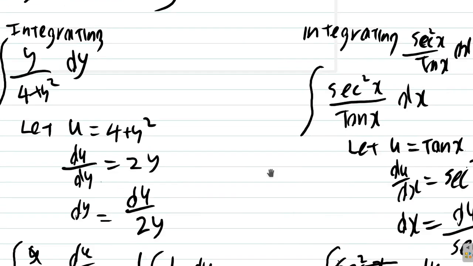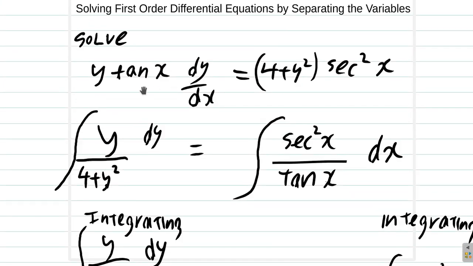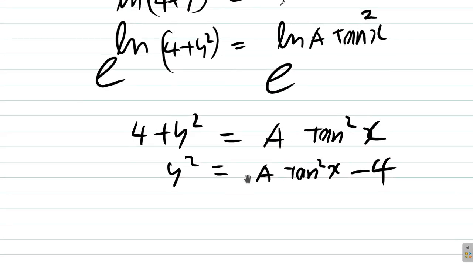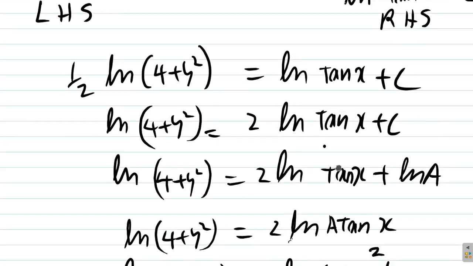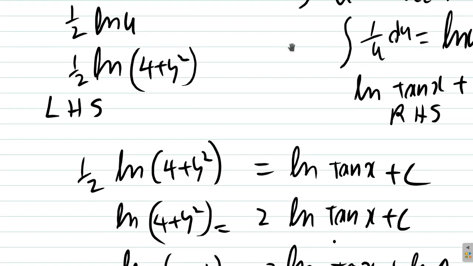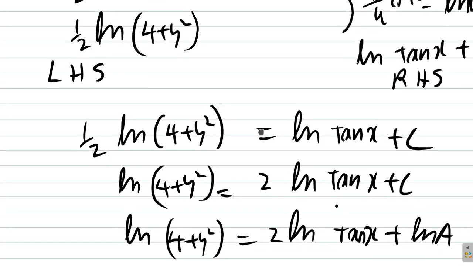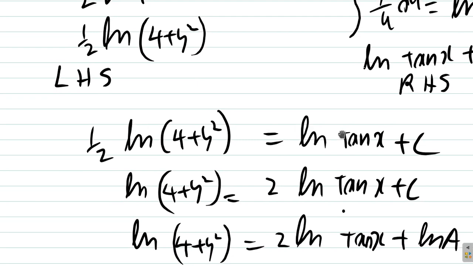If you get the question and it says show that the solution is y squared equals a tan squared x minus 4, then you have to go through simplifying it, right? But if you're asked to solve, and especially it is in exam limited time, then you could show here that this is what you get.